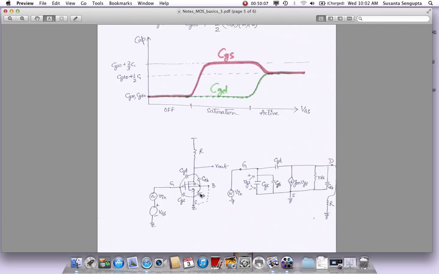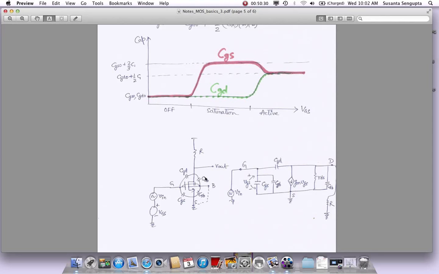Hopefully these other capacitances are big enough, or the output has a big capacitance looking into the next stage. Since the bulk is connected to source, you can ground it here too. We also have a source to bulk capacitance. I am not showing it in the model because they are shorted out in this configuration, so I'm not showing just this piece of capacitor.